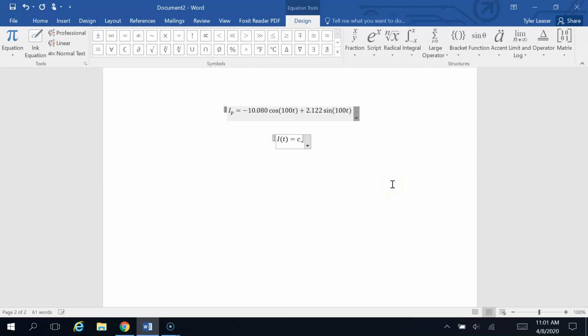So we're going to have C1 e to the negative 10t cosine 100t plus C2 e to the negative 10t sine 100t. And then that's going to be plus the particular solution, negative 10.080 cosine 100t plus this 2.122 sine 100t.